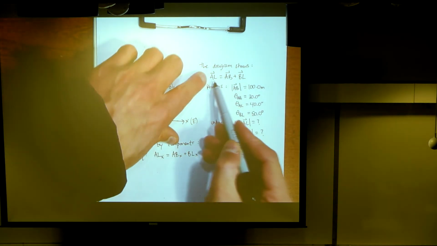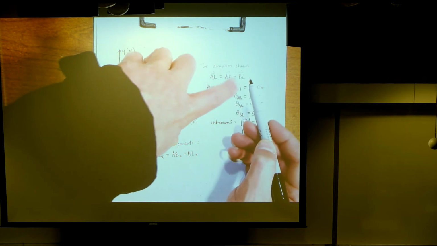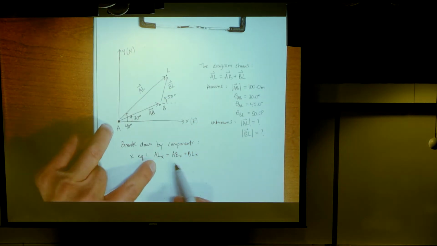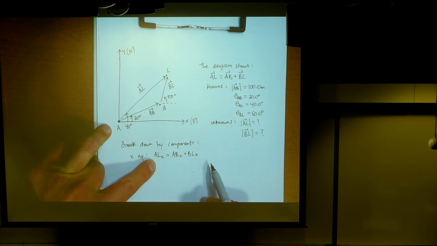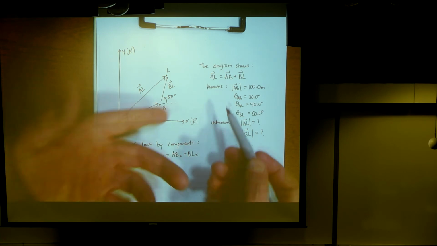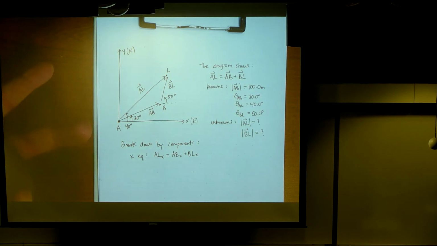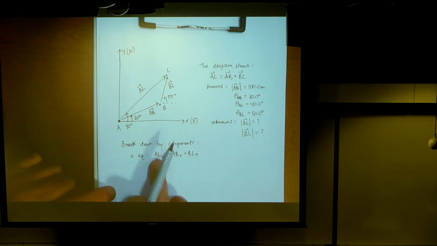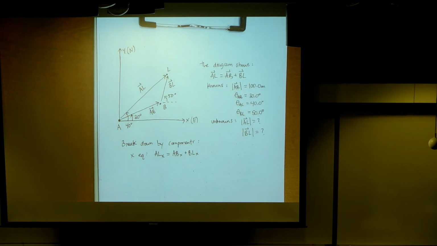So if it's really true that this vector equals that vector plus that vector, it should be true for the x component, right? And it should also separately be true for the y component. Otherwise, this equation isn't even true, okay? So now let's put some numbers into this, okay?